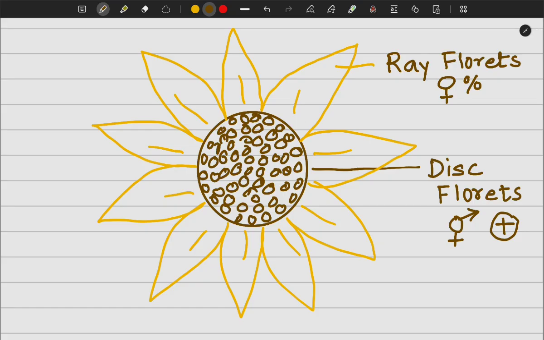Alright, so this one whole sunflower which we consider as one flower is not actually a flower but a special type of inflorescence which is called capitulum or head. Which is made of mainly two types of florets.